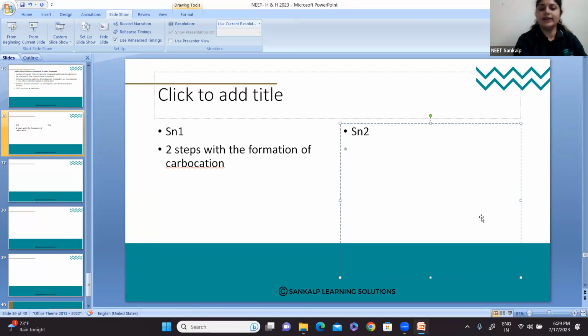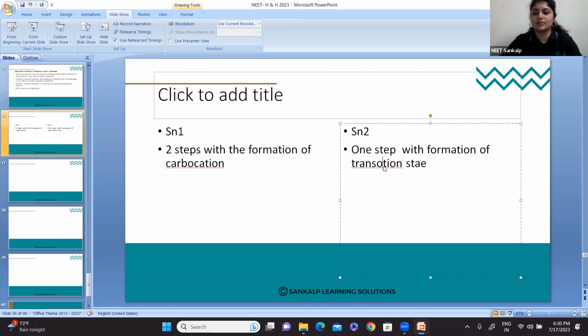SN2 involves one step with the formation of a transition state. So this is the first difference.